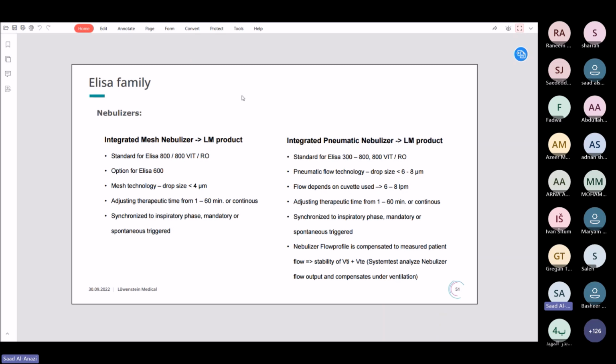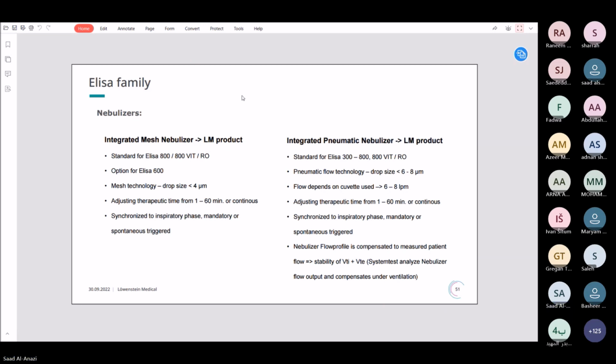Also, it can synchronize the inspiratory phase and the mandatory phase for this patient. It's really a great option. You have the two ways in the ELISA 800, mesh nebulizer and pneumatic nebulizer. So this is really a great option for helping the patient by nebulization and improving the patient's outcome.